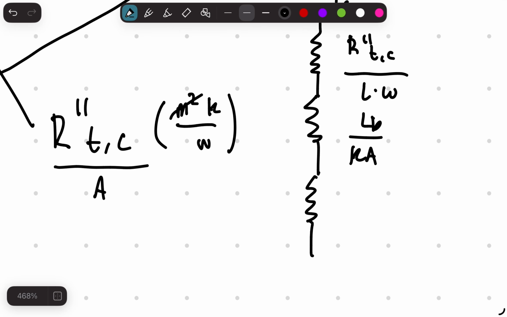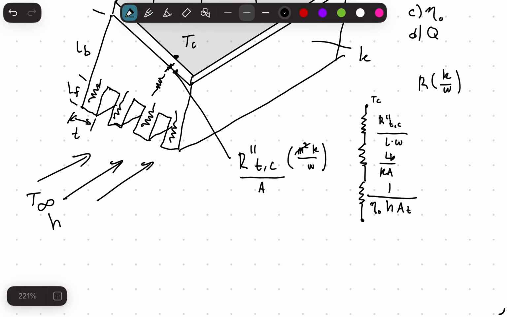So thermal resistance for multiple fins is going to be 1 over efficiency of the overall fins, h, and the total area. And then we have our ambient temperature. So that's what the thermal resistance network will look like.